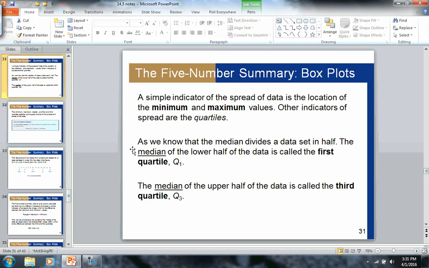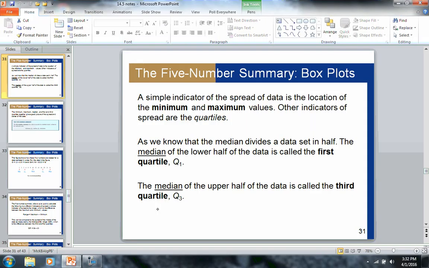Everything lower than that is going to be called the first quartile. Everything above the median of the whole set is going to be called the third quartile, or the upper quartile. And then we're going to find the median of each of those. So we're going to be finding 3 medians. You're going to have all of your points in order, and you're going to find the median of the whole data set.